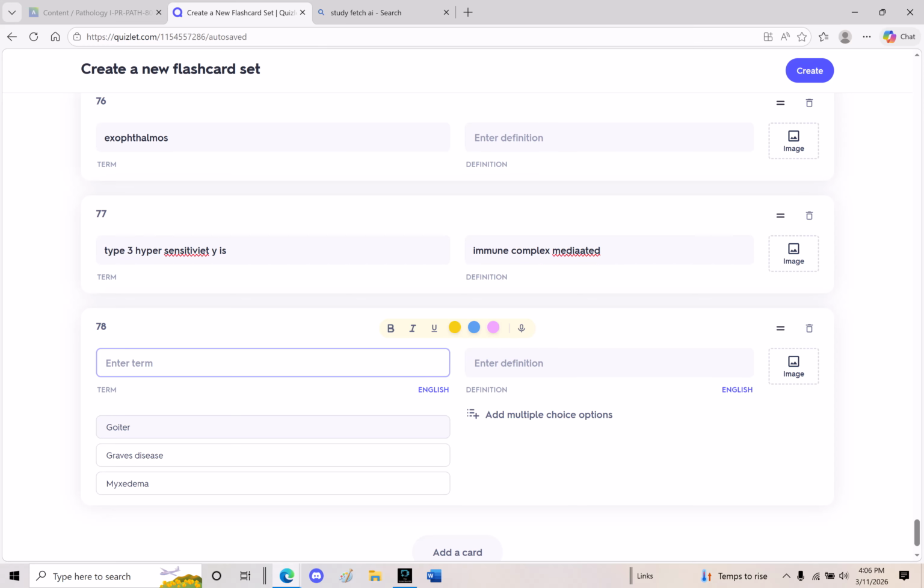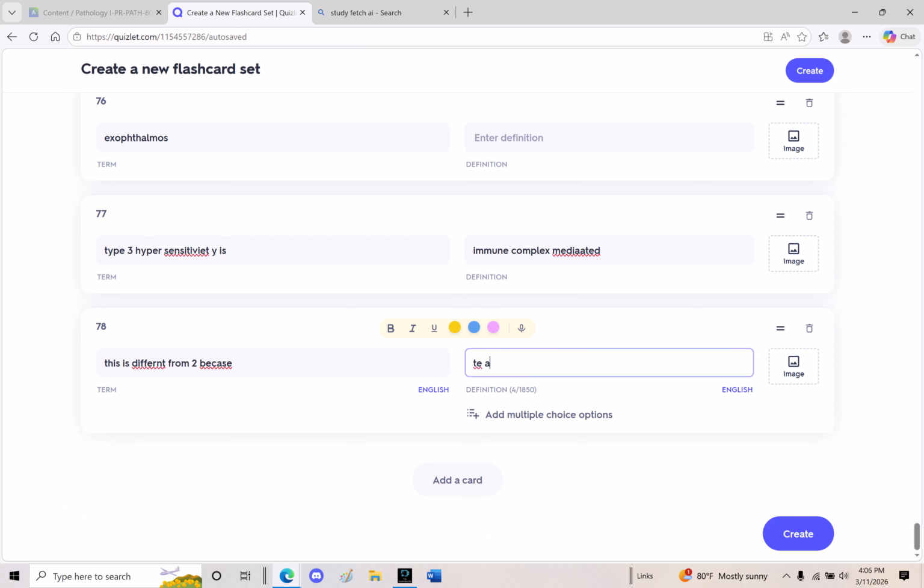That's where he stopped. Type 2 hypersensitivity: we were talking about immune complexes that form on the surface of cells because that's where the antigens were. In type 3 hypersensitivity, the antigen and the antibody combine in circulation, and that complex later deposits somewhere in tissues.